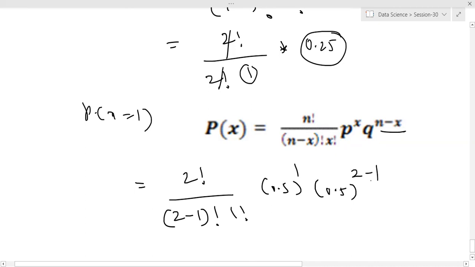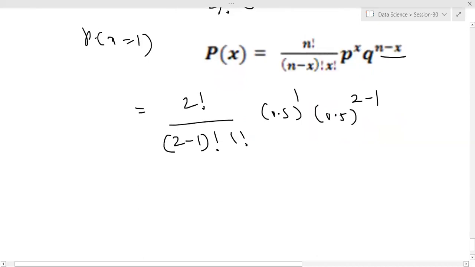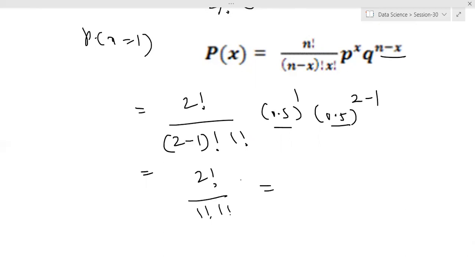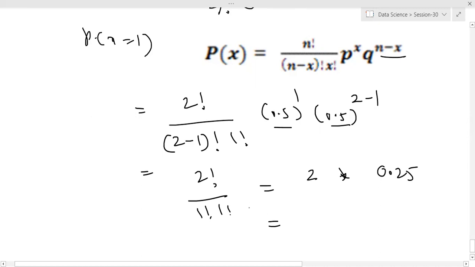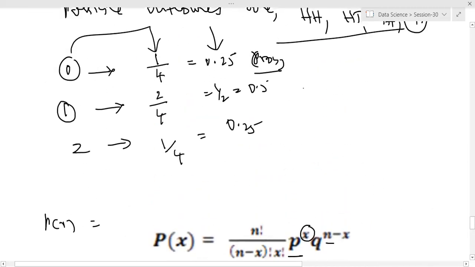So this is 2 factorial by 1 into 1, and 0.5 into 0.5 is 0.25. The 2 factorial remains the same, 2 into 0.25. What is the answer, friends? 0.5. That is the same as the normal probability of 0.5.